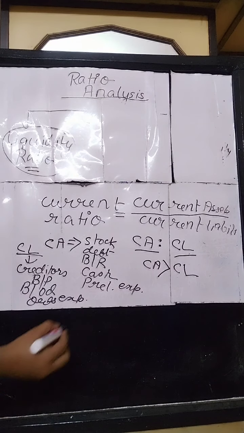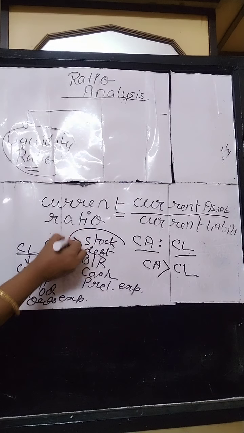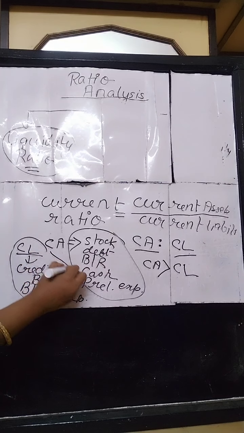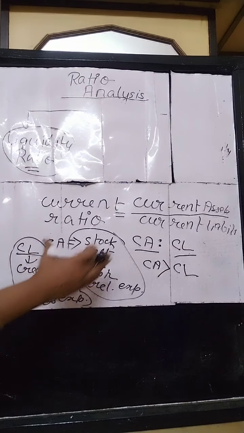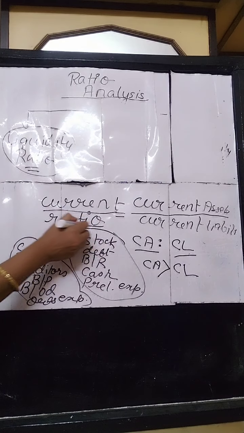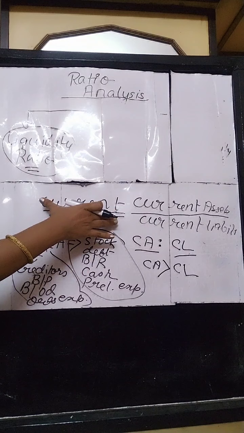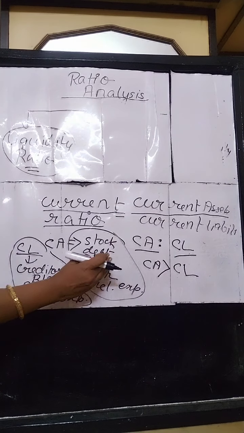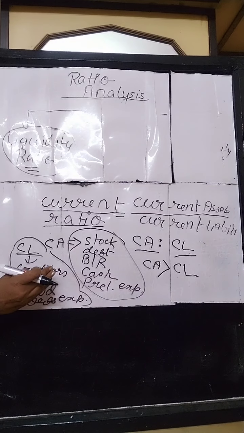So a firm must have some current assets and some current liabilities. The ratio of this current asset and current liability is nothing but this current ratio. Current ratio expresses the relationship between all these CA and all these CL.